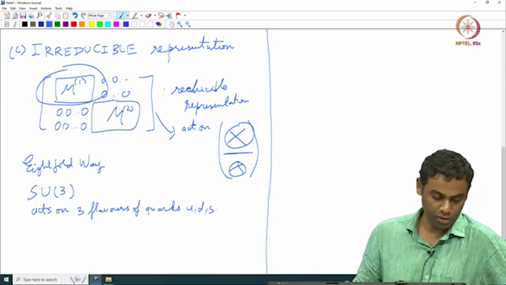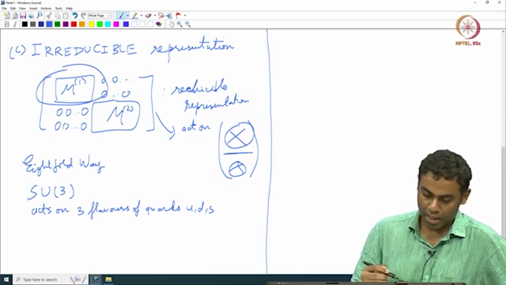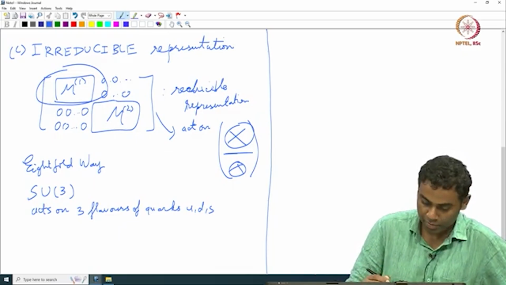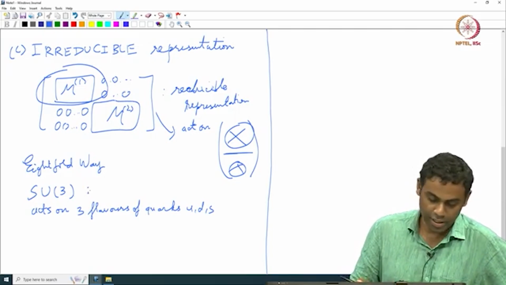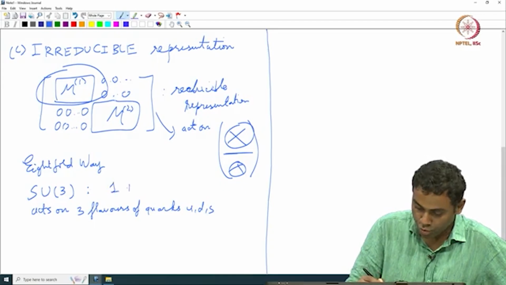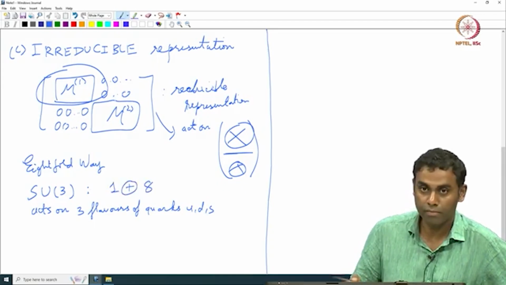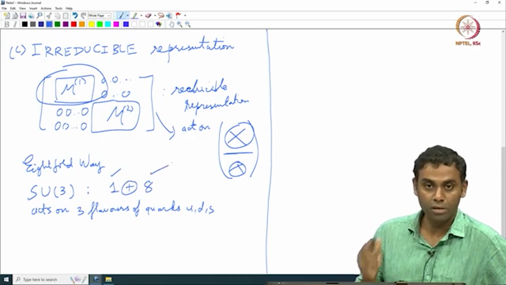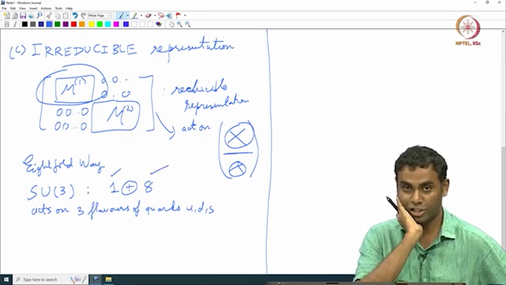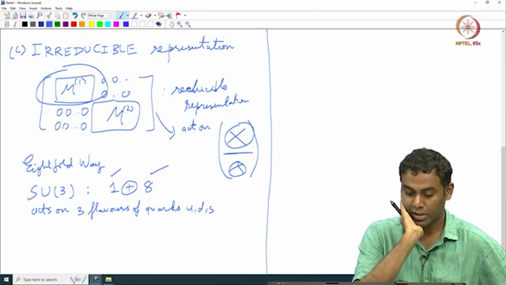UDS, okay. And it turns out that the SU3 can be represented in a way such that you can break it into 2 irreducible representations, one with dimension 1, the other with dimension 8 generators basically, okay.